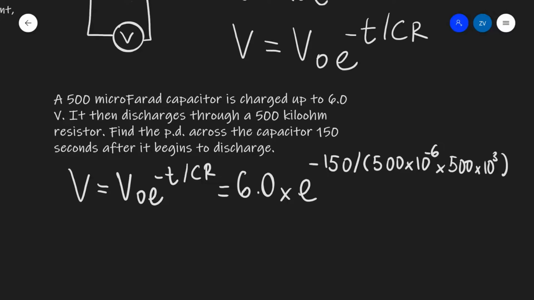When we carefully input this into a scientific calculator, we're going to get 3.29 volts at time equal to 150 seconds after the beginning of the discharge.